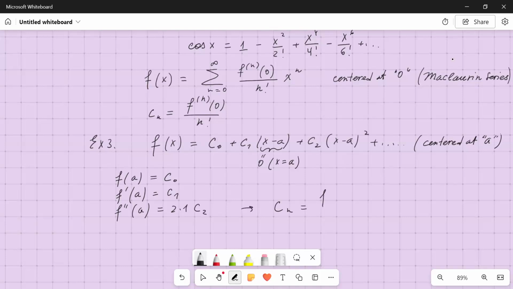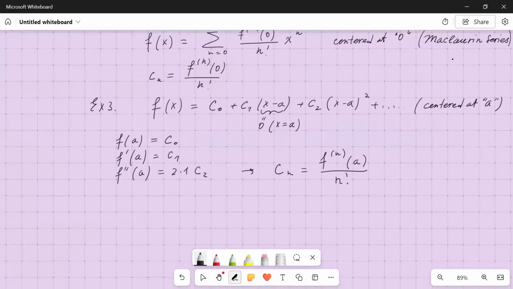Basically, the function is going to give me a very similar formula. cn is going to be the nth derivative at point a divided by n factorial. And the general formula for the representation of a function at any point, not necessarily at 0, is going to look like the sum of f nth derivative at a over n factorial, times x minus a to the power of n.